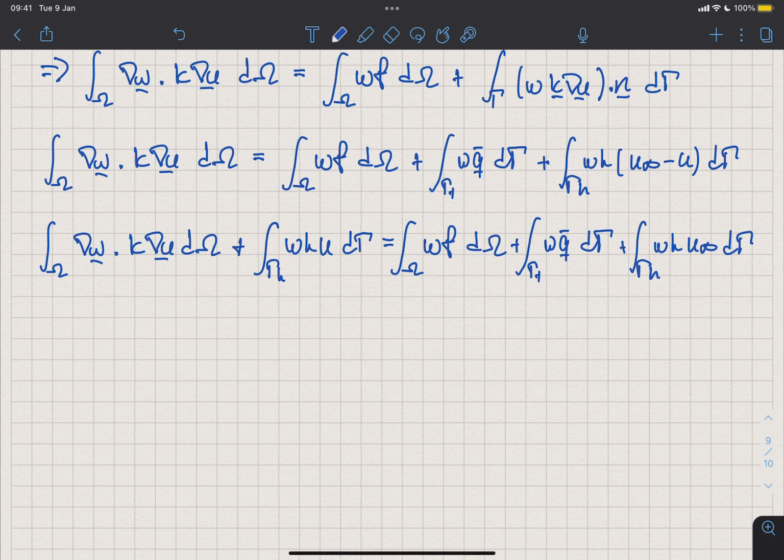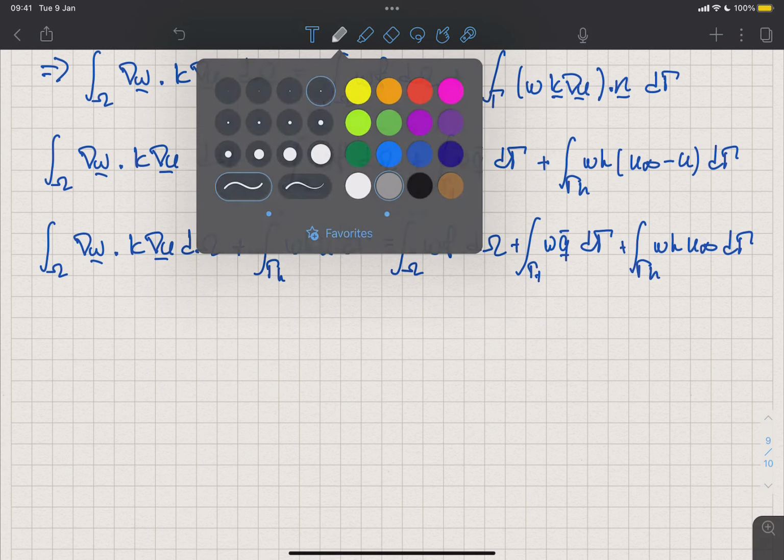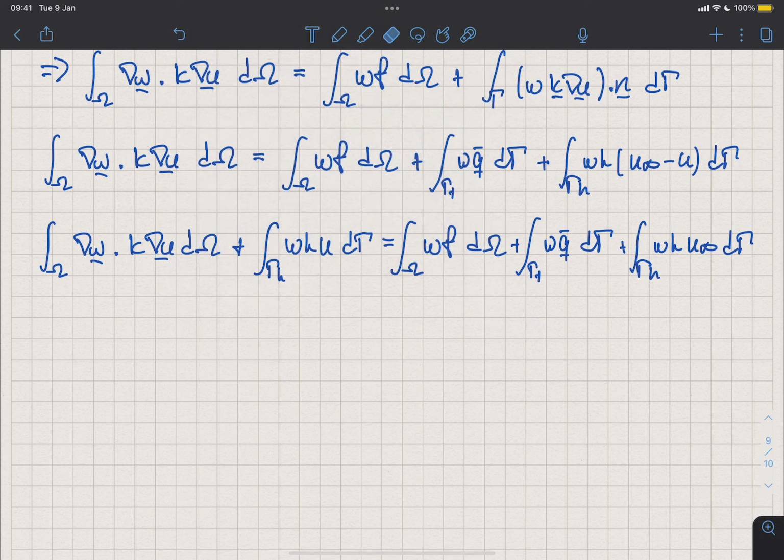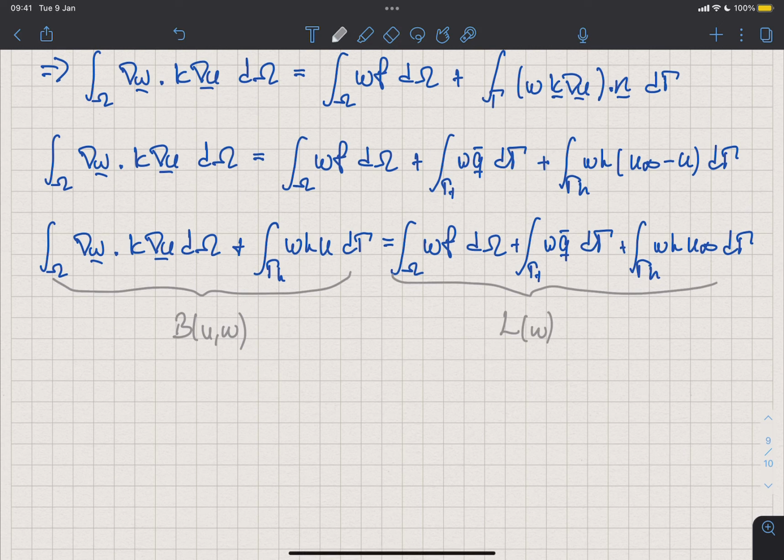And that's it. And now you can clearly see that this term here is our bilinear form of U and W, and this whole thing is our linear form of W. So everything in the right hand side of this equation doesn't contain the unknown temperature field U. Everything that is on the left hand side does.